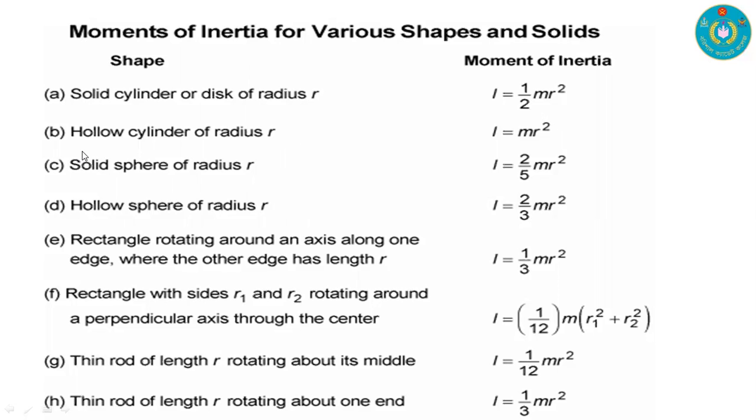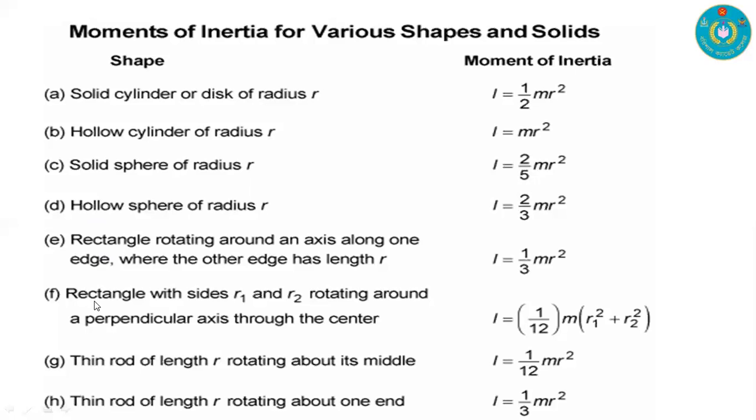For number B, the shape is a hollow cylinder of radius r. For number C, the shape of the object is a solid sphere of radius r. For number D, the shape is a hollow sphere of radius r. For number E, the shape is a rectangle rotating around an axis along one edge where the other edge has length r.